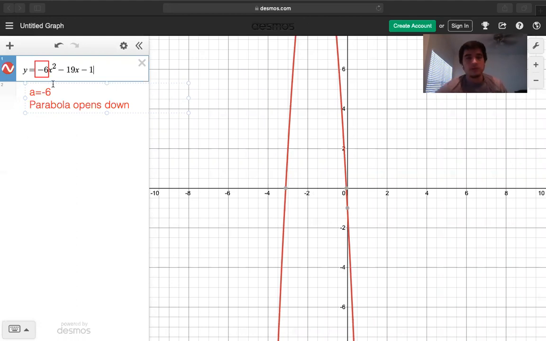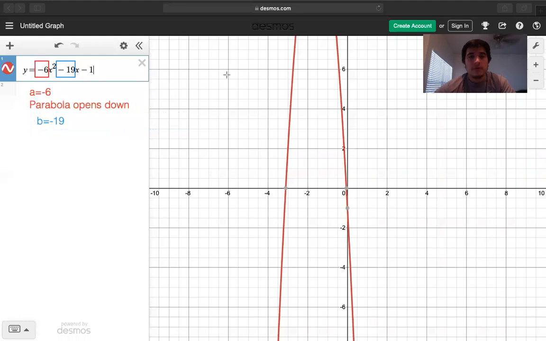So let's go to the next letter. So the next letter is B. So again, B is what's in the middle. It's not 19. B is negative 19. Okay, negative 19. So I'm going to write that B equals negative 19. And we don't need that now, but eventually we will.